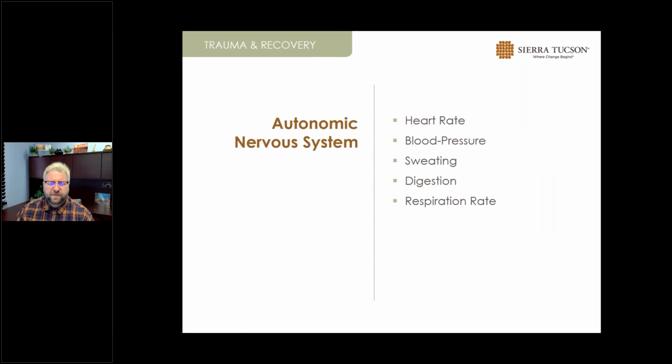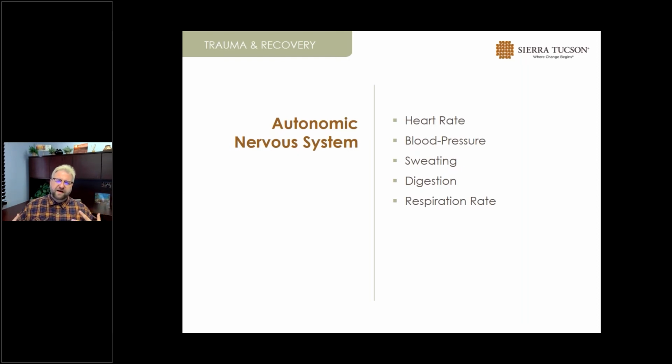I want to go over a little bit about the autonomic nervous system, how it all works, and how we start to look from the somatic approach at how to work with these pieces. But the autonomic nervous system is connected to everything inside. So if I get into a state of anger, sadness, fear, my nervous system is going to have some kind of responses.